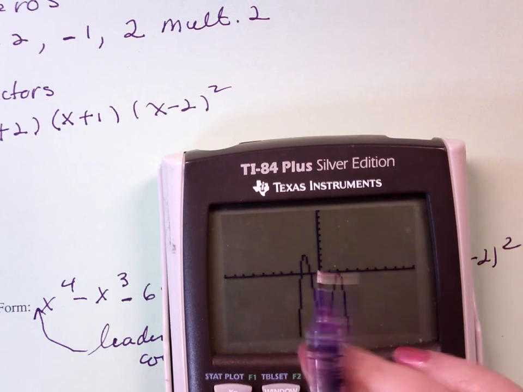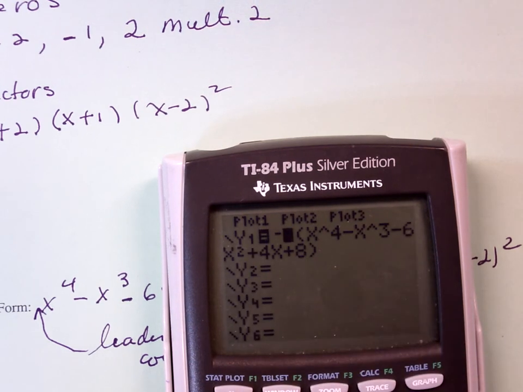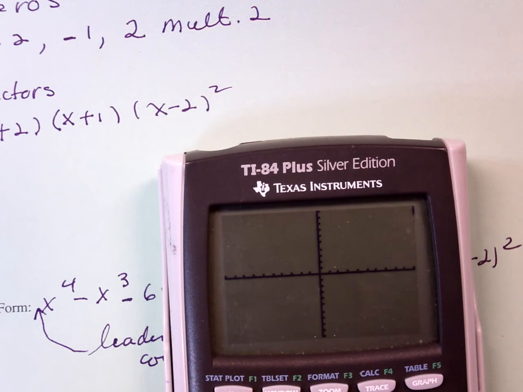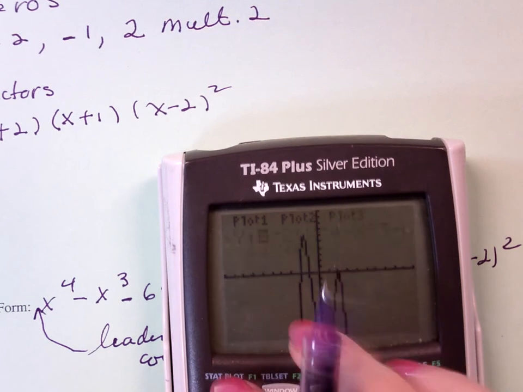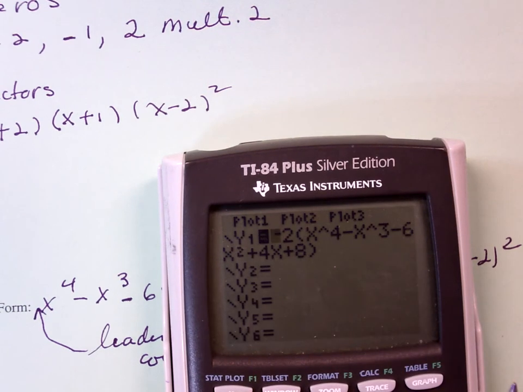I could go back, do a vertical stretch factor of 2. Now my leading coefficient would be -2. It has the same zeros. I could put a leading coefficient of 3. Now I'm going to flip it around.